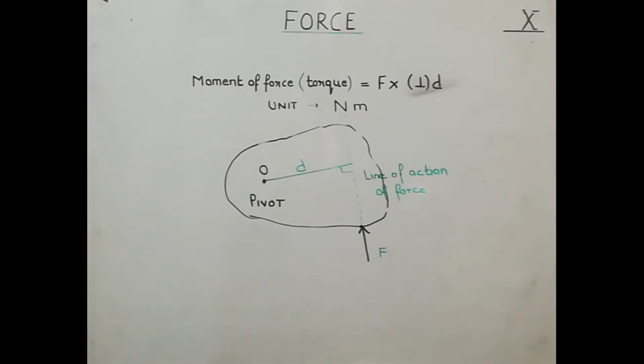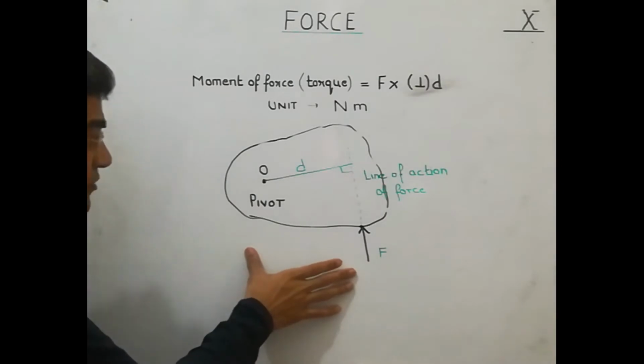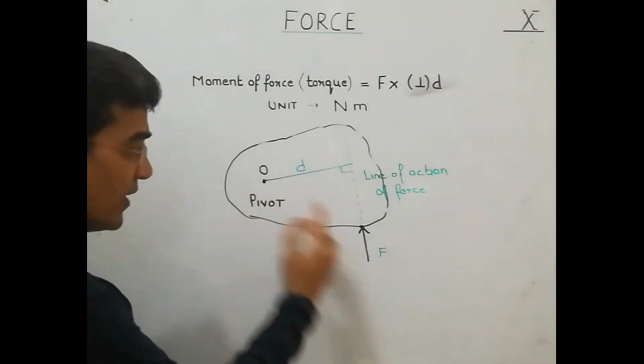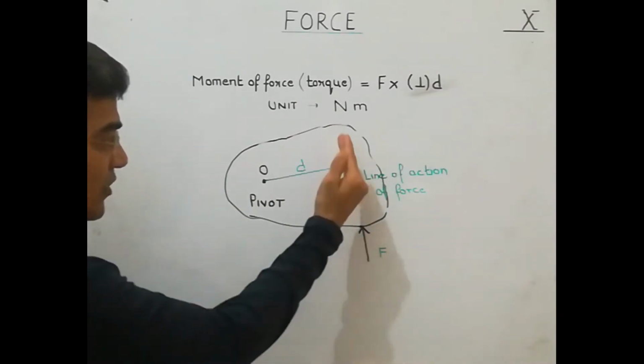Now as we saw over here, moment of force means the turning effect. If you see in this diagram, the force applied can rotate the body either in clockwise direction or in anti-clockwise direction. Here, this is the point about which the body is rotating and this is the direction of the force.